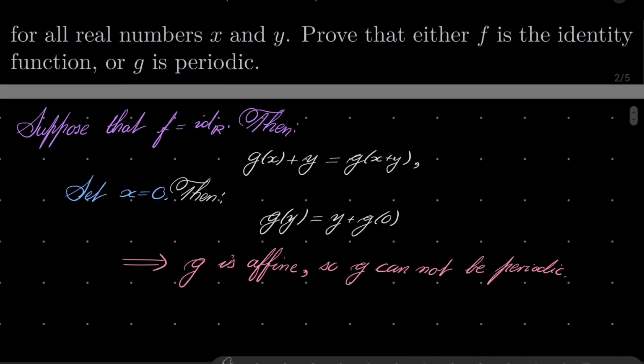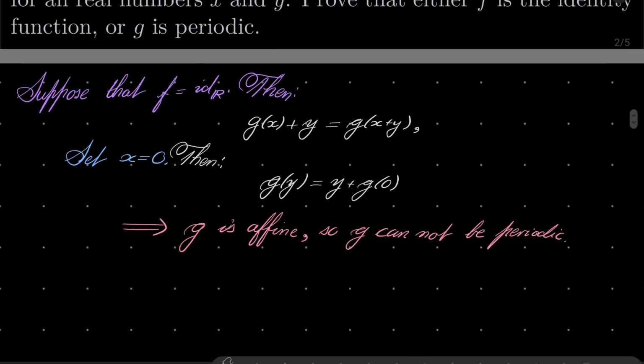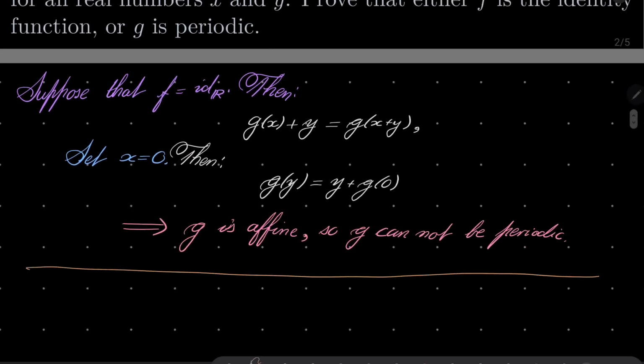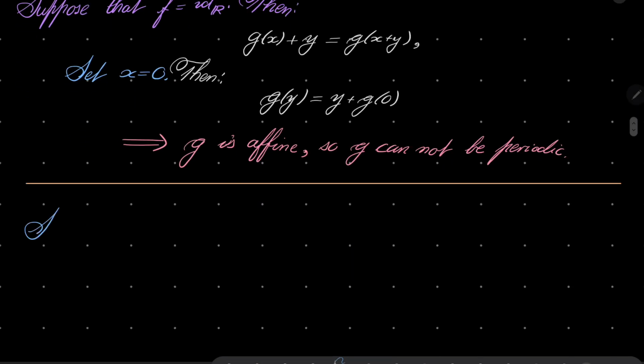And now let's go back to our equation, and I will set y to be z minus g(x) in our very first condition, asterisk. Then it becomes the following.